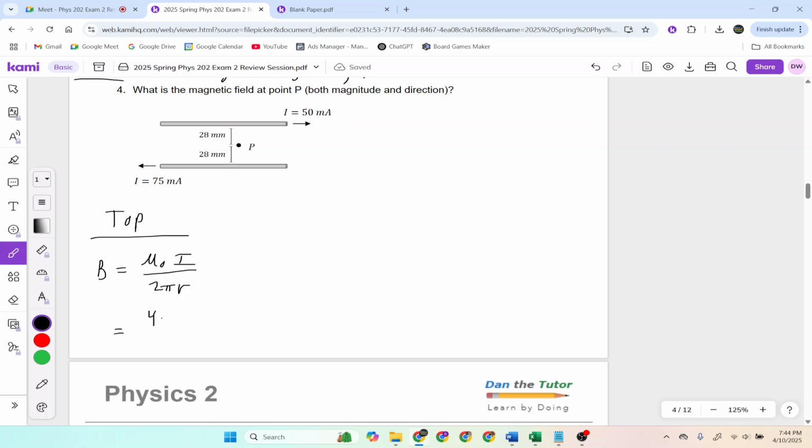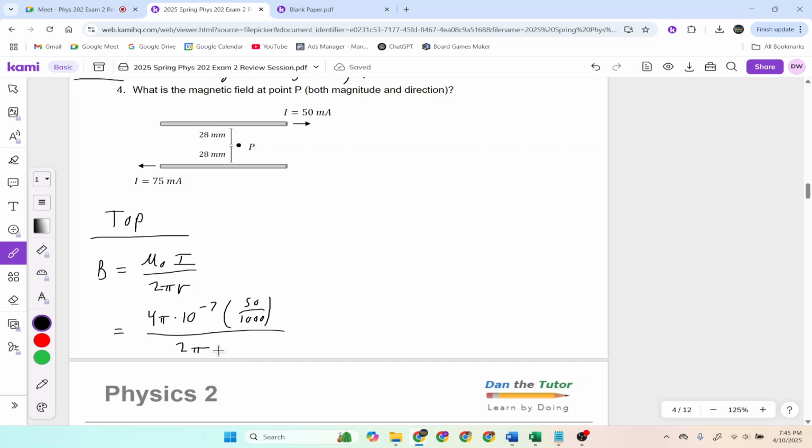That's going to be 4 pi times 10 to the minus 7th times the current, 50 milliamps, or 50 divided by 1,000, divided by 2 pi r. 2 pi, and then what's the distance? Is it 28 millimeters or is it 56 millimeters?